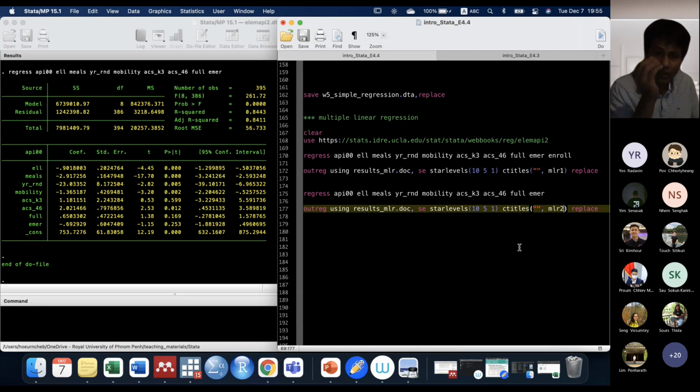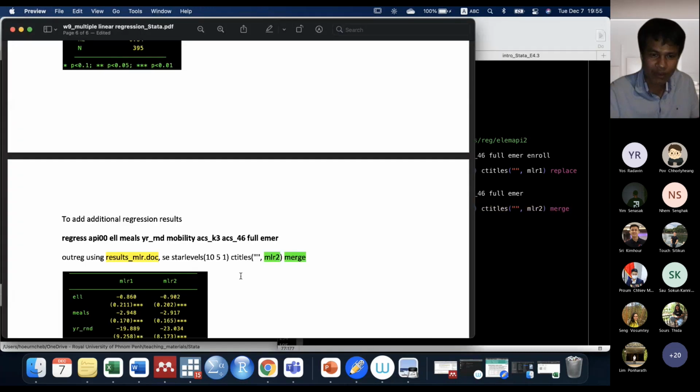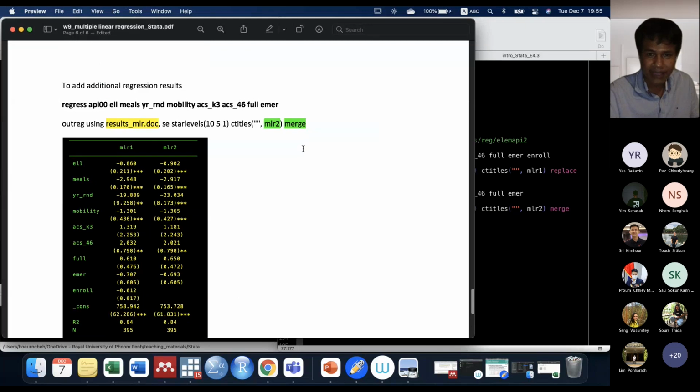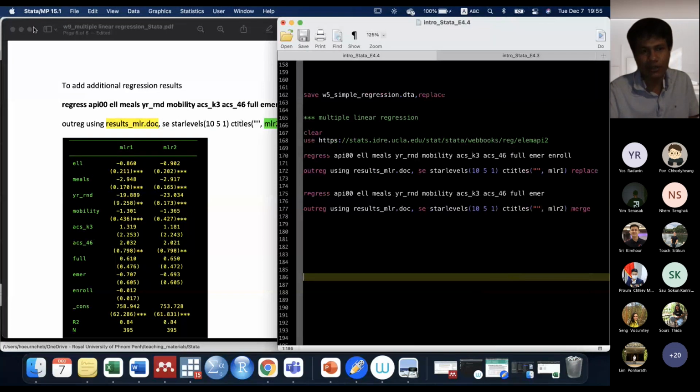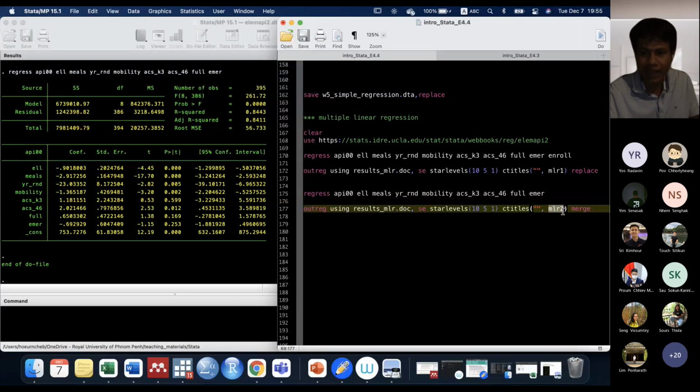And in order to merge this result with the existing one, we have to use merge. Is that merge correct? Let me have a look at the file. I don't remember it. I guess merge is correct. All right. You have to use merge. So merge here means that you want to merge this MLR2 result into the MLR1 table.